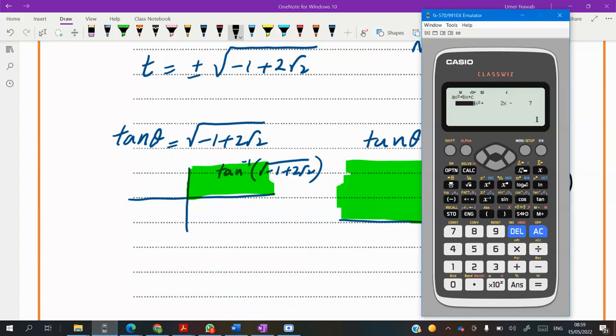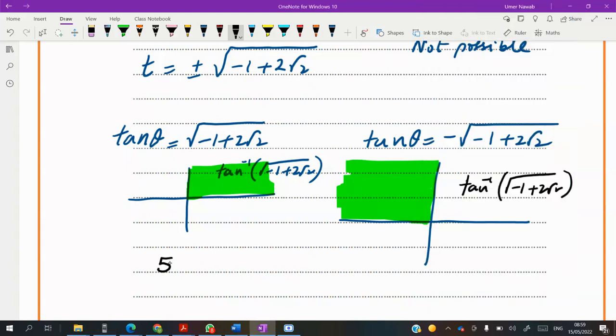Is my calculator in degree mode? It should be in degree mode. Go to the computing mode of the calculator and now shift tan square root of minus 1 plus 2 square root of 2. It gives us 53.5.